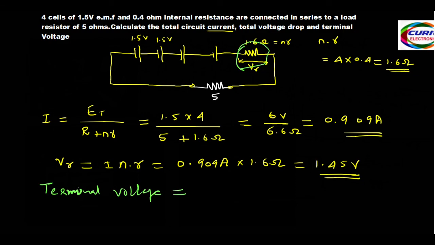Terminal voltage equals total EMF, that is ET, minus VR. ET we know it was 6 volt. 6 volt minus 1.45 volt equals 4.55 volt. So we have learned what a cell is, how to connect cells in series, and what the related equations are. Thanks for watching.